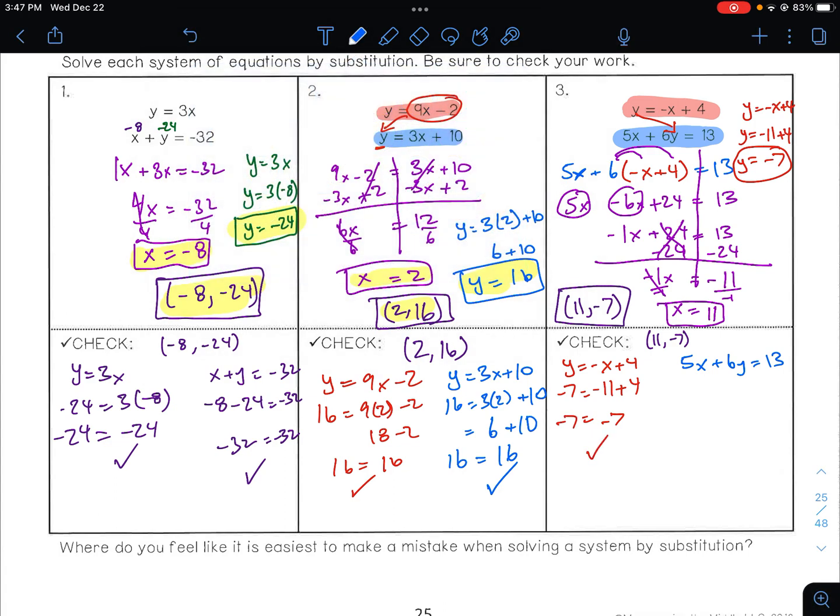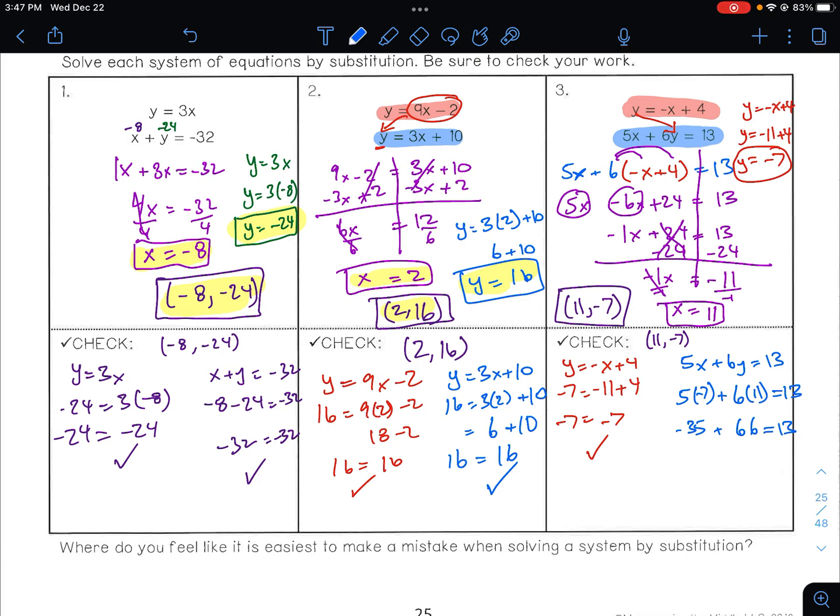Let's do the blue one. 5x, with x as 11, plus 6y, with y as negative 7, equals 13. Let's simplify this. That's 55 plus 66 equals 13? Is that true? Did I do something wrong? I feel like I did.